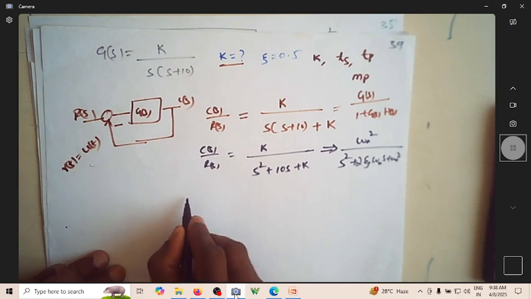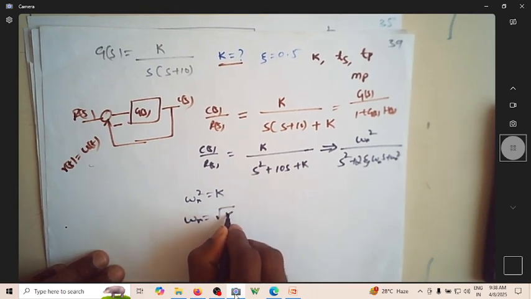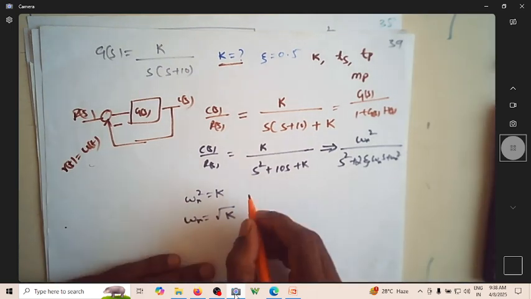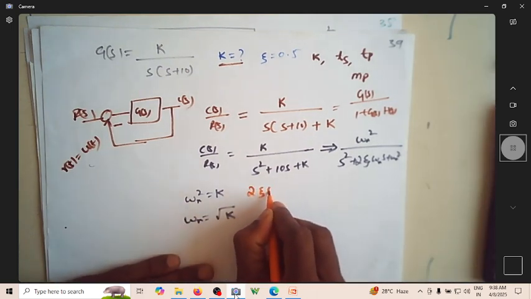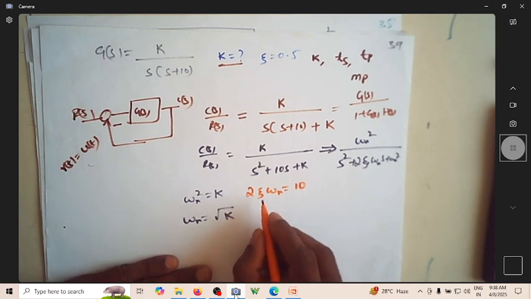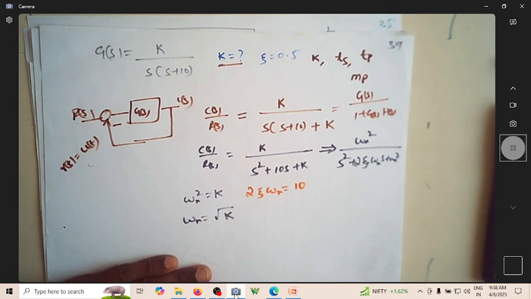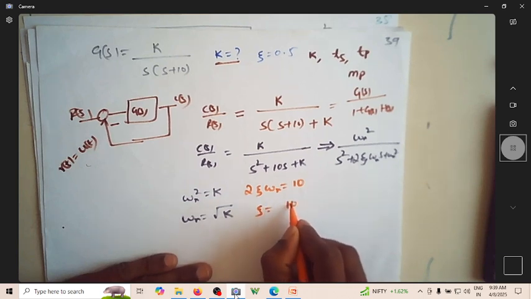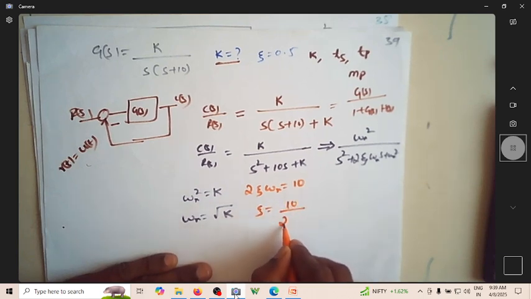From which we can write omega n square is K, so omega n is root of K, and we can also write 2 zeta omega n is nothing but 10. So zeta is equal to 10 by 2 into omega n.